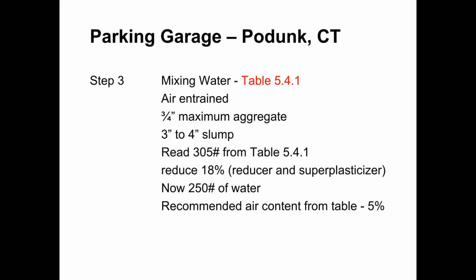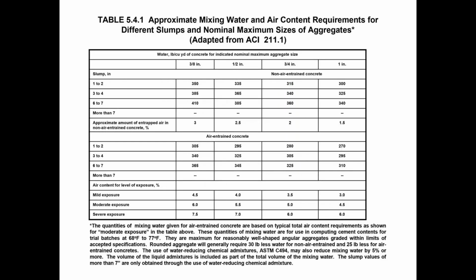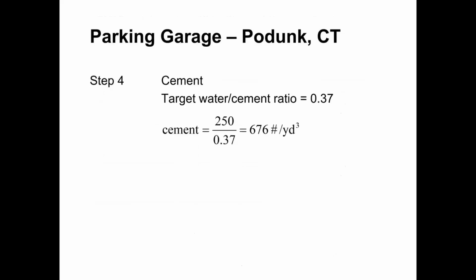Also based on table 5.4.1, we have a recommended air content of 5%. That's based on our 3/4 inch aggregate and moderate exposure. All right, so at this point we have our water weight, 250 pounds, and our target water cement ratio, 0.37, so we can calculate our cement content.